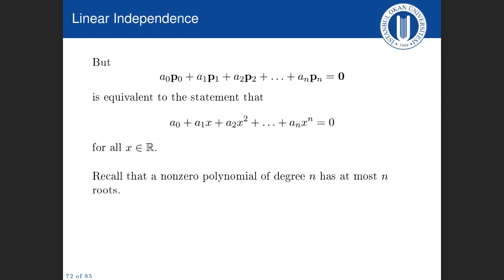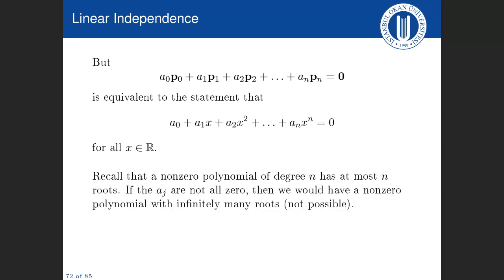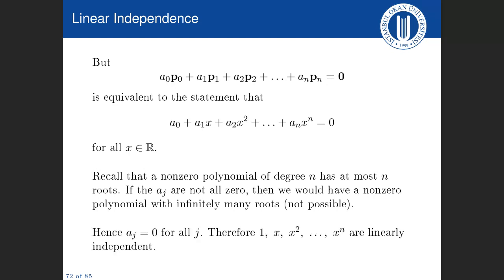Now recall that a non-zero polynomial of degree n has at most n roots. If these aj's are not all 0, then we would have a non-zero polynomial with infinitely many roots, and that's not possible. So we must have aj equal to 0 for all j, and therefore 1, x, x squared up to x to the n are linearly independent.